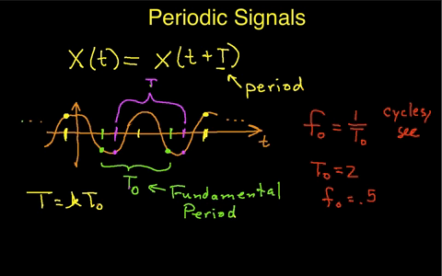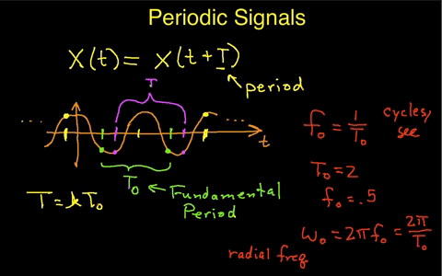Quite often, you'll also see the quantity omega 0, which is 2 pi times F0, which then makes it equal to 2 pi over T0. Okay, and the idea here is that this is often called a frequency as well, but this is typically a radial frequency, because this is defined in terms of radians per second.